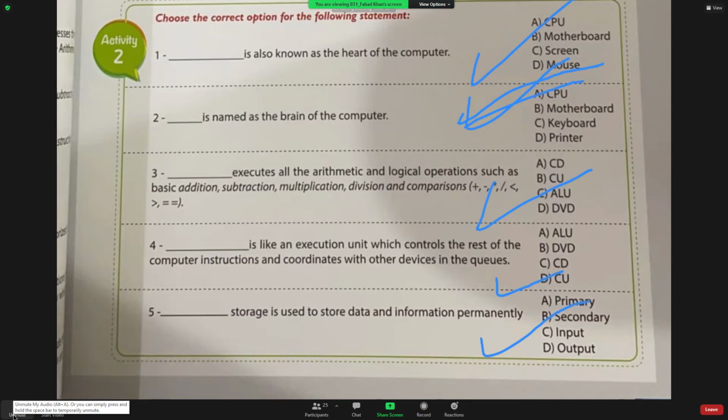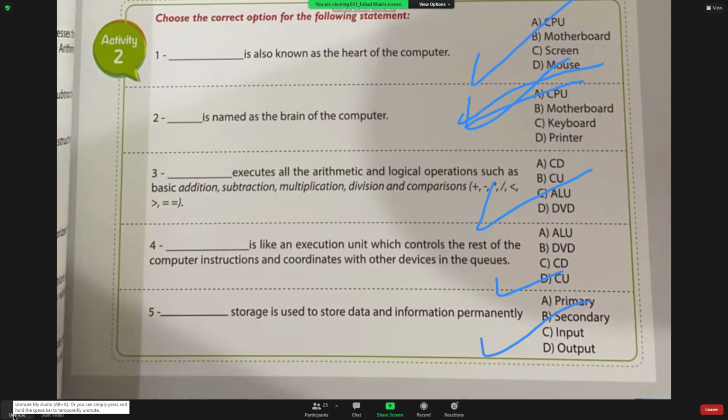So do you have any questions now? That's actually easy. Okay, guys. Now let me tell you about your exam also. Most of the questions will be coming from these activities.